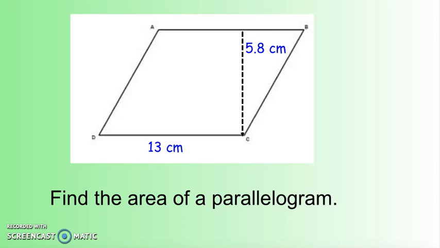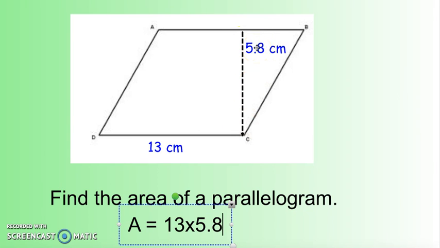Okay, so let's do a problem. Here's a parallelogram. It says find the area of a parallelogram. So we're going to take area equals base times height. Well, the base is 13 centimeters times the height, and it says right here that this dotted line is 5.8.